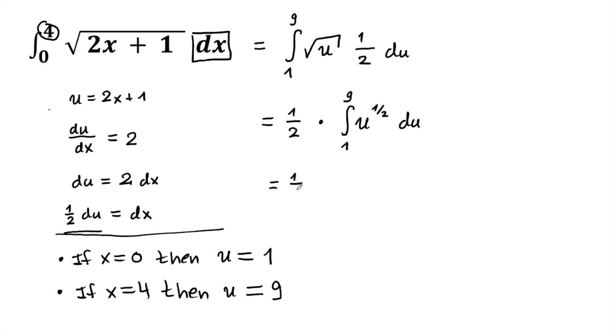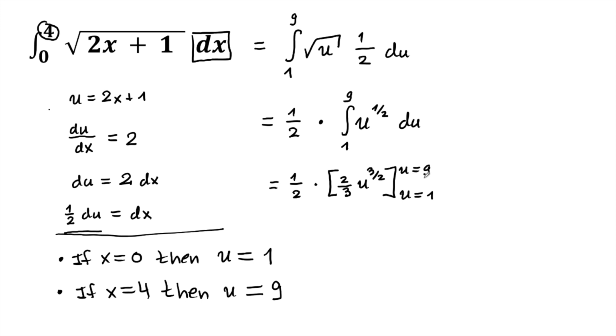So we'll need one antiderivative of this function, which is 2/3 times u to the 3/2. That's an antiderivative of this function, and we want to know what it is equal to when u is equal to 1 and when u is equal to 9.